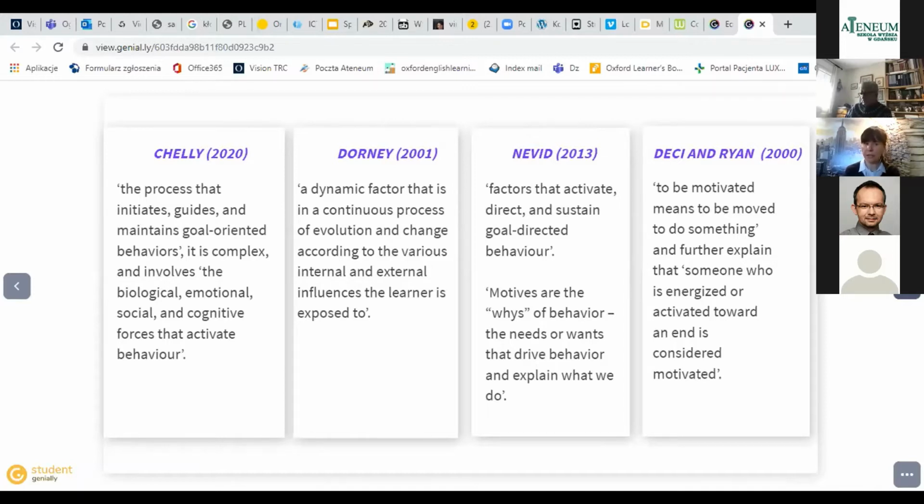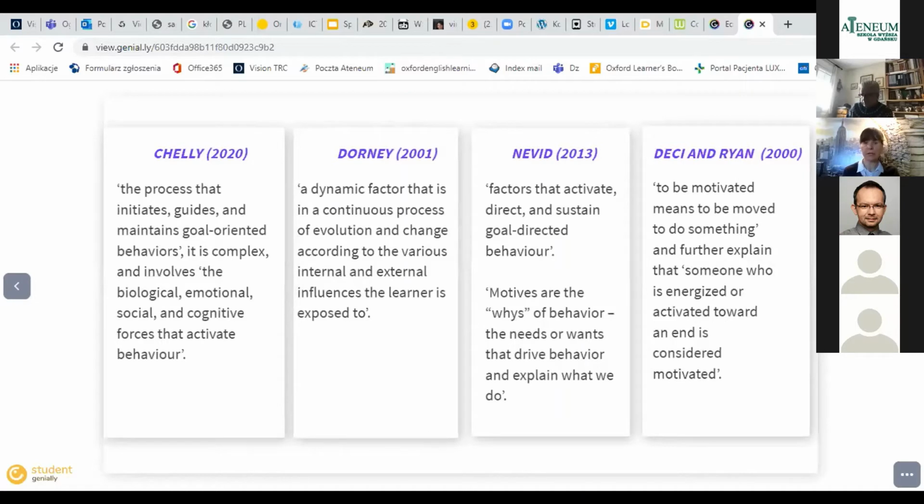After Shelley, it is the process that initiates, guides, and maintains goal-oriented behaviors. And Shelley also points out that motivation is complex, and it involves biological, emotional, social, and cognitive forces. Dörnyei points out the dynamic nature of motivation, its changes and its relation to emotion as well.